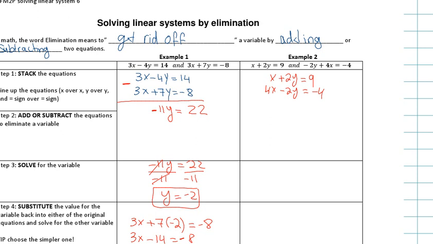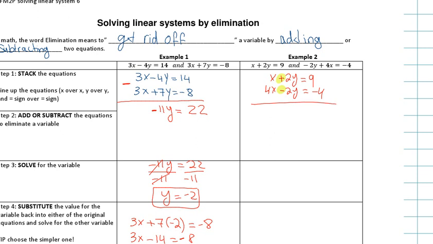Both are 3x, so we subtract to get rid of it. In this case, you have a positive and a negative, so they're opposite signs. Once they're opposite signs, you can add, because adding 2 and minus 2, they're going to cancel each other. So in this case, I have to add.